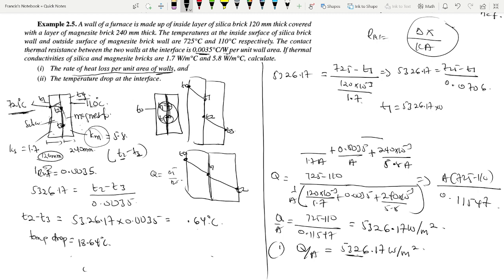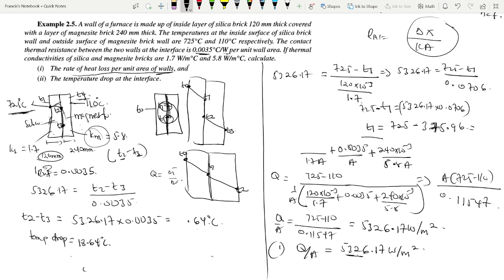So 725 minus T1 is 5326.17 times 0.0706. And our T1 will be 725 minus what we'll be having here, right? So when I punch that, 5326.17 times 0.0706 gives 375.96.